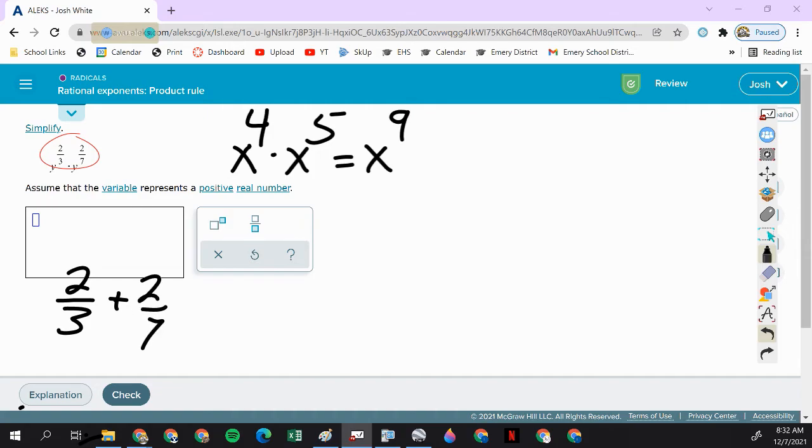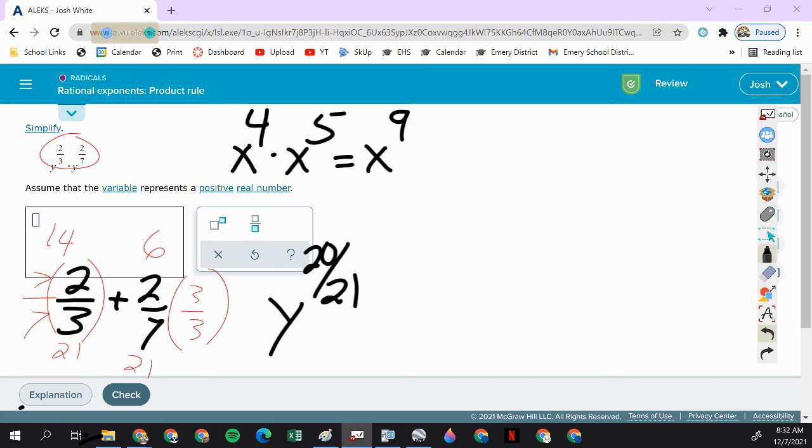What has to happen in order for us to be able to add fractions? Common denominator. What's the common denominator going to be? 21. What does this fraction need for the denominator to equal 21? 7 over 7. And this one is going to need 3 over 3. So 14 over 21 plus 6 over 21 is going to give us y to the 20th over 21.